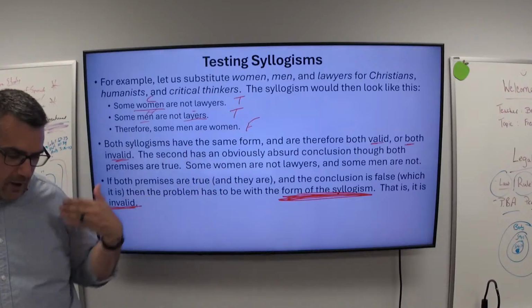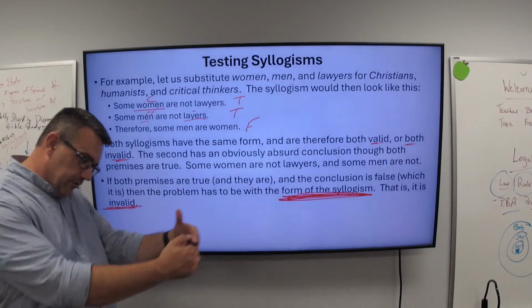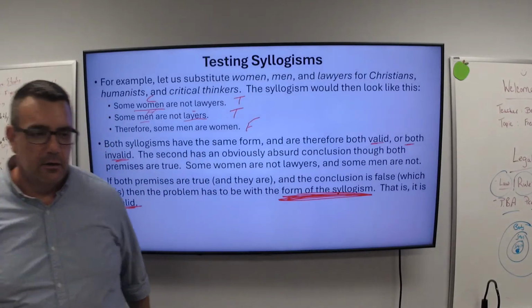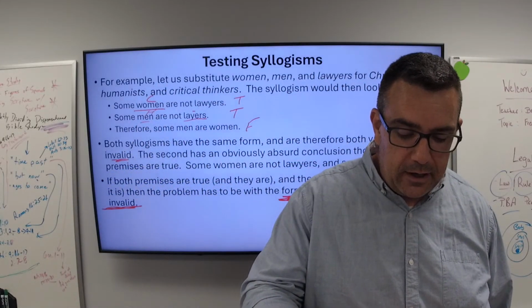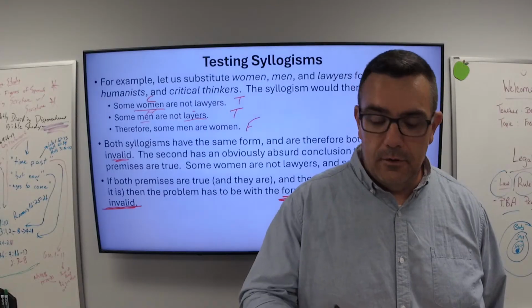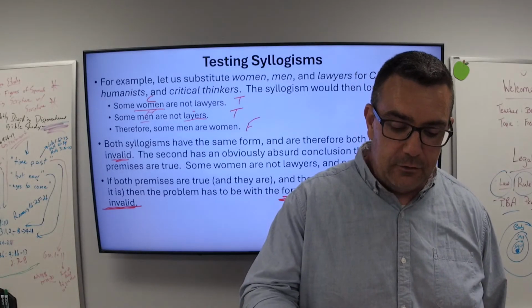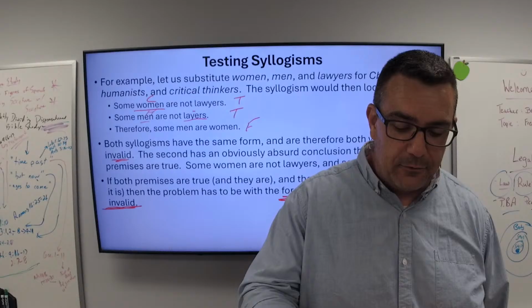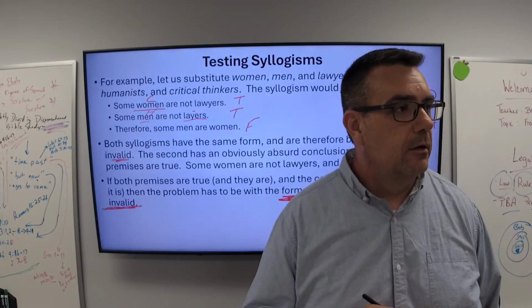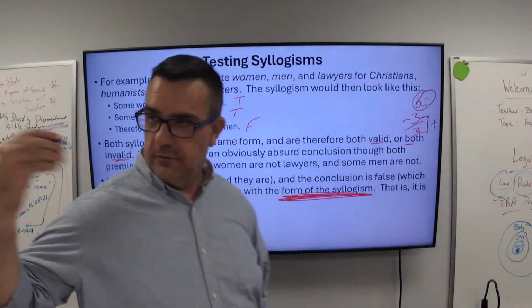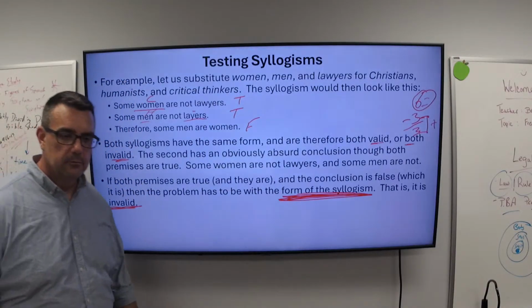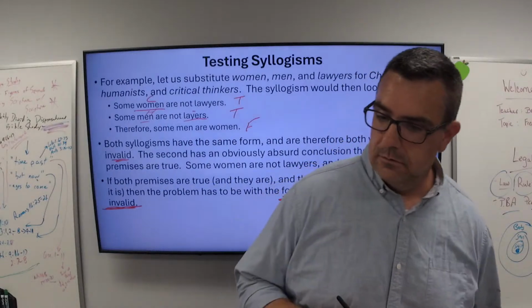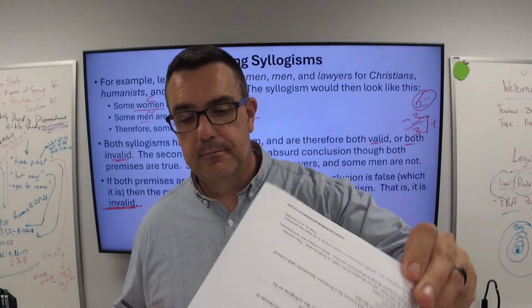So, switching out the terms to test the validity is similar to what I did when I said 6 minus 3 is 3. And we test it by adding those two together and realizing that when you add 3 plus 3 together, it does equal 6. So it's a test to see the validity by switching out the terms. Okay? Where are we at on this?